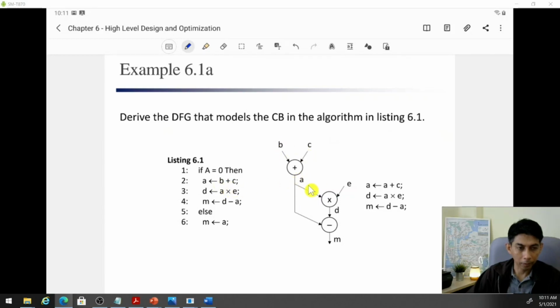We have a here, and here d is actually a multiplied by e. We have d, and m is actually d minus a, so we have m here. So this is the DFG to represent this computation block. This other one doesn't need a DFG because it's only a simple operation where we transfer a to m only.